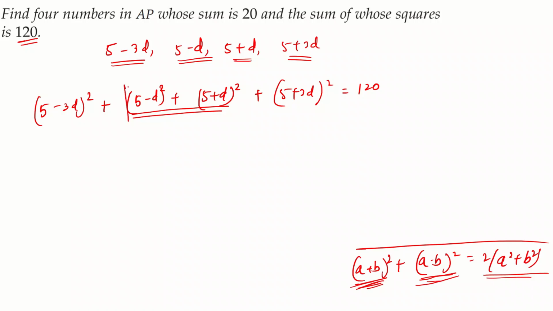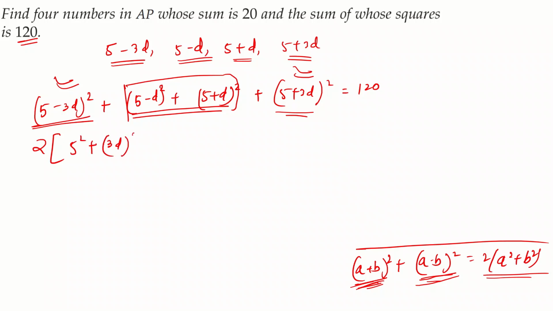So in here we can apply this formula, and if we take these two terms together, we can apply the same formula. So for these two terms, it will be 2 times A squared plus B squared, and for these two terms over here, I'll be getting 2 times 5 square plus D square, and this is equal to 120.